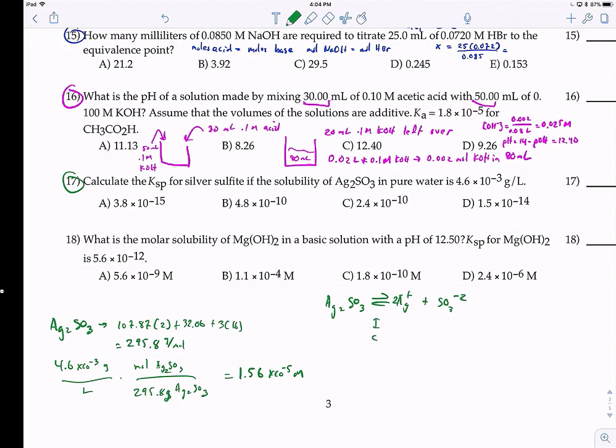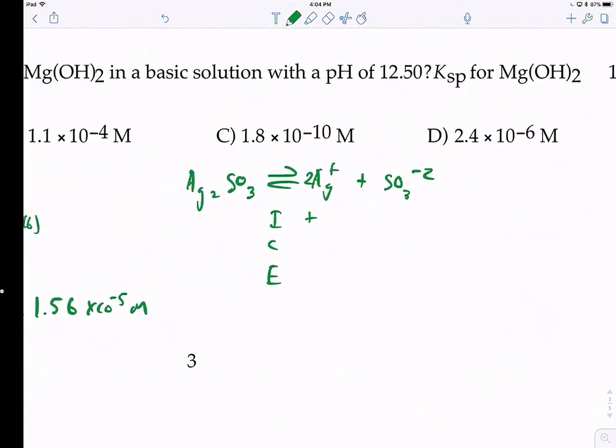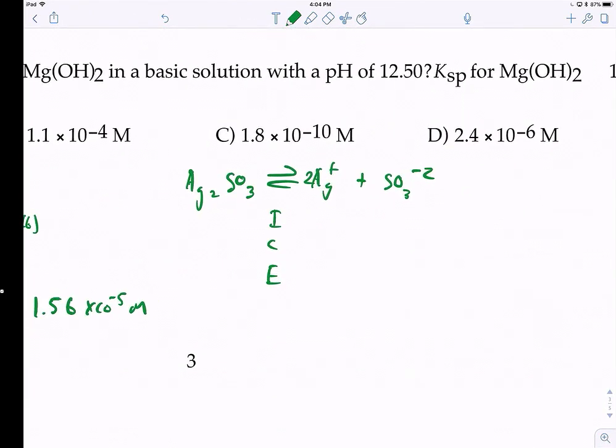So initial, change, equilibrium. We have 0 of these, then 2 solubilities and 1 solubility at equilibrium.